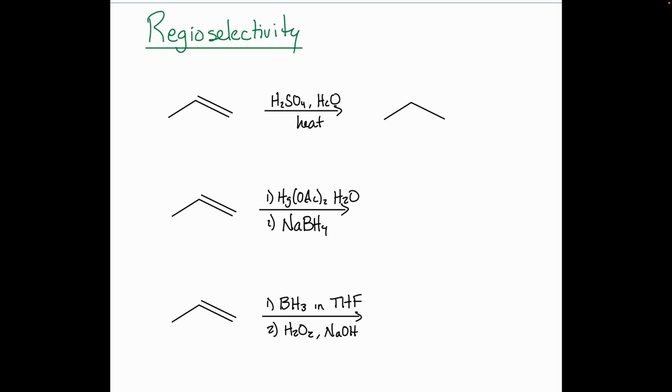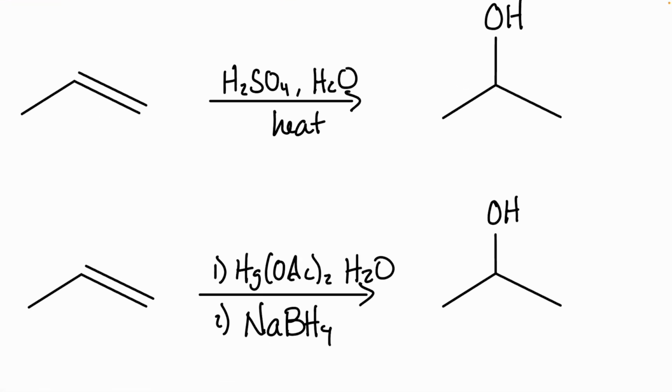Okay, so what we're going to see is these first 2 reactions, the acid catalyzed and the mercury acetate, are both going to put that OH group on that second carbon. So what would we say? These reactions prefer the more or the less substituted carbon? The more substituted carbon.